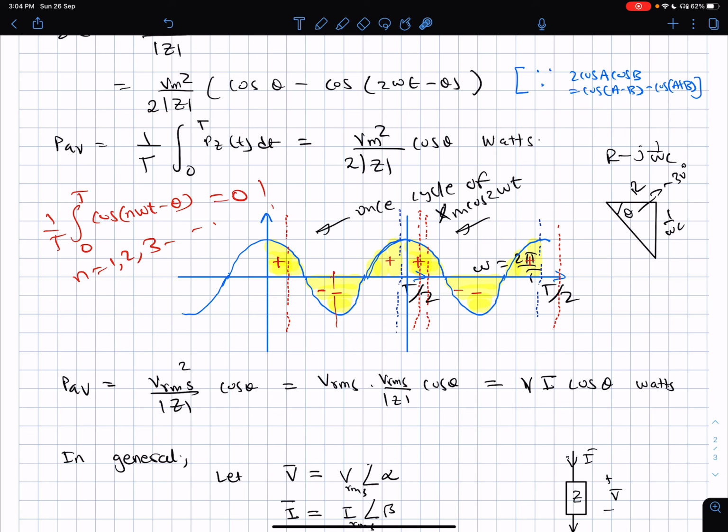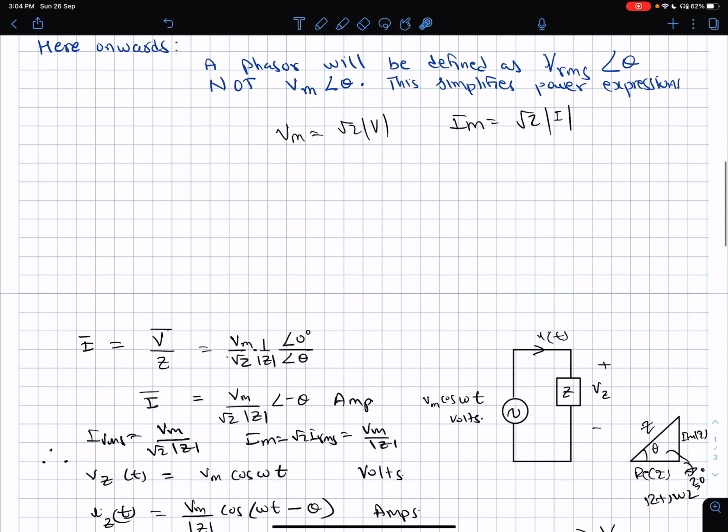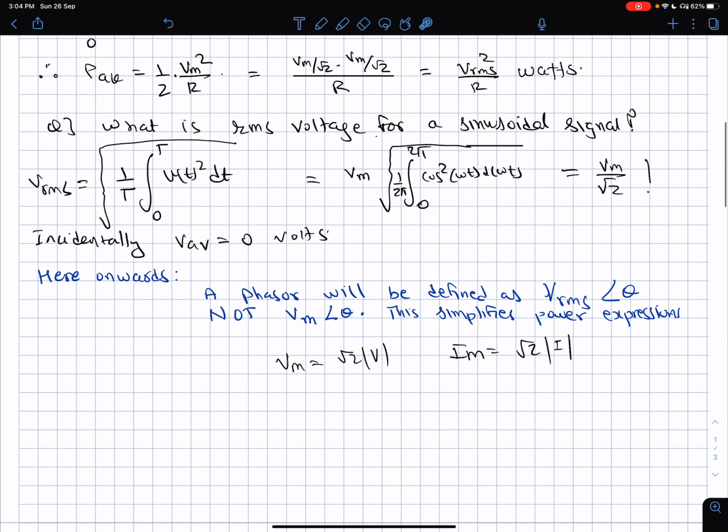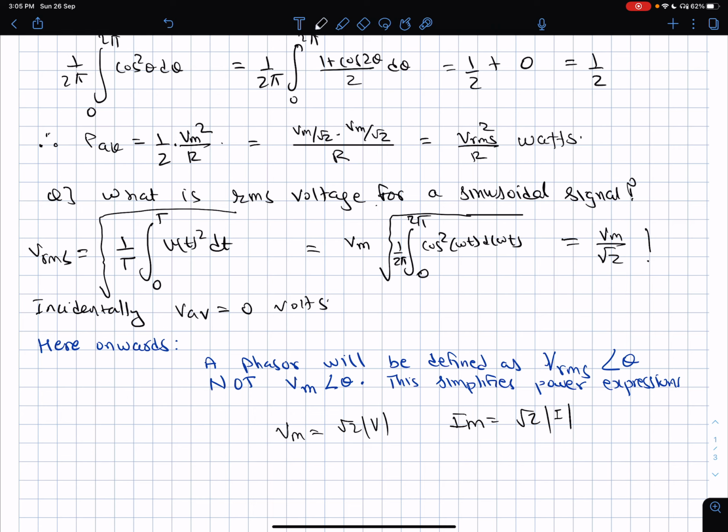So the moment the impedance comes into the picture with an angle theta, the average power is no more V RMS into I RMS as it had happened in the DC case. Here if you look at it, this is nothing but V RMS for the resistor. It was V RMS times I RMS, which is very analogous to what we see in a DC circuit with a resistor.